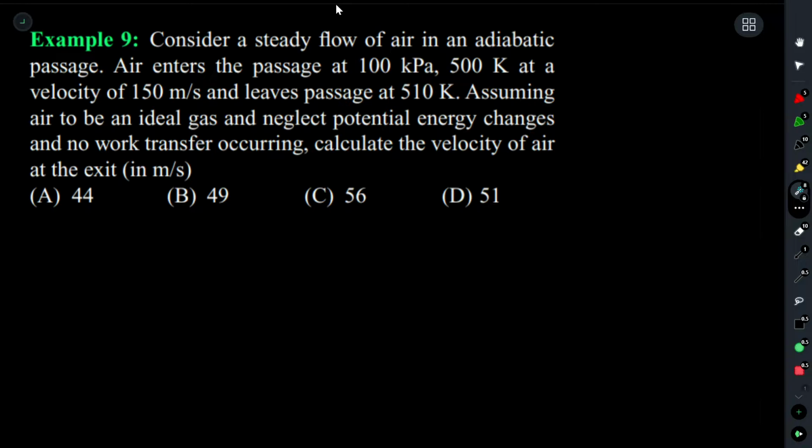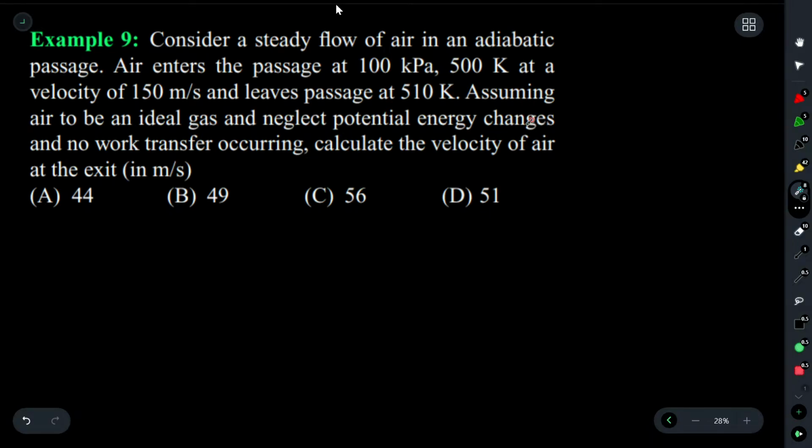Next it is telling air enters the passage at 100 kilopascal and 500 Kelvin. So at the inlet to the passage, pressure is given, temperature is given, and velocity is also given, that is 150 meter per second. And it leaves the passage at a temperature of 510 Kelvin.